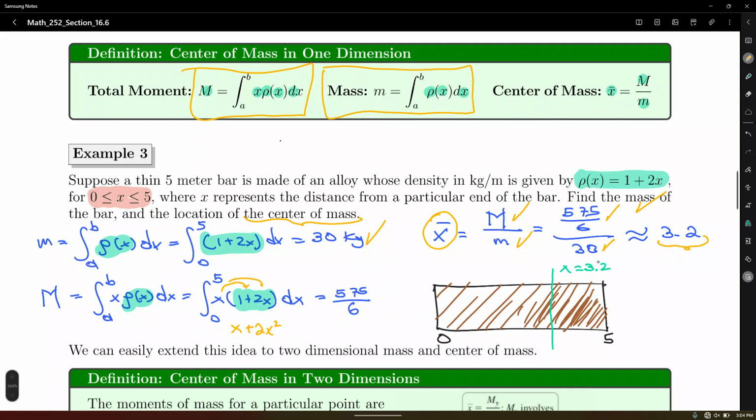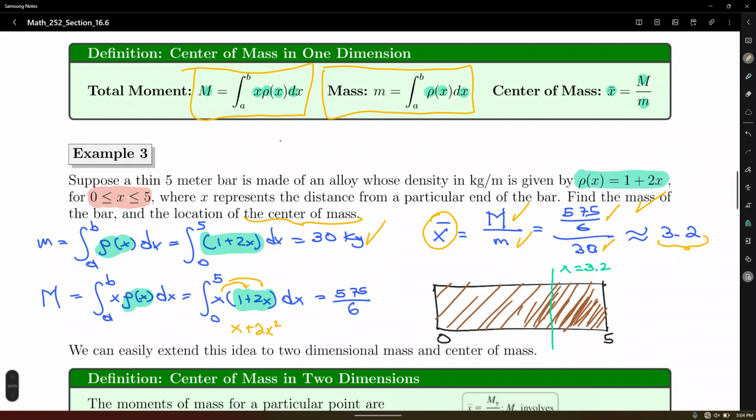That is around here. That means this is where we should place a pin to keep the bar in balance. Notice how it's closer to 5 rather than closer to 0. You might wonder why that is, and why it's not exactly in the middle.